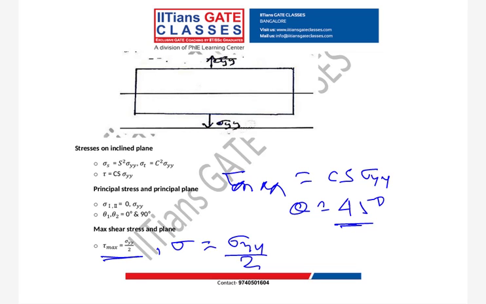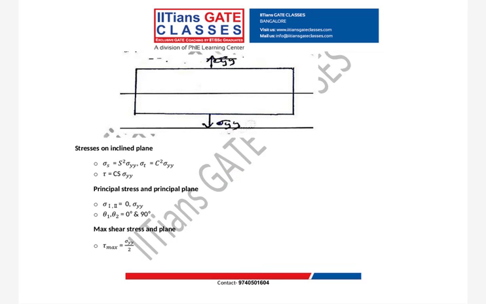It will be sigma yy by 2. Right? Now draw the orientation. Can I draw the orientation now? Anyone has any doubt here? Okay, now let's go.